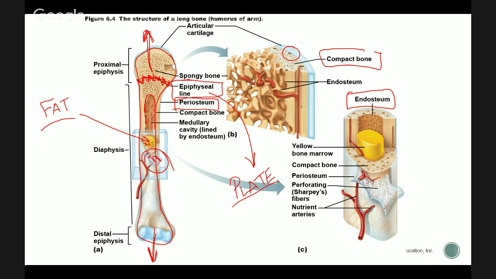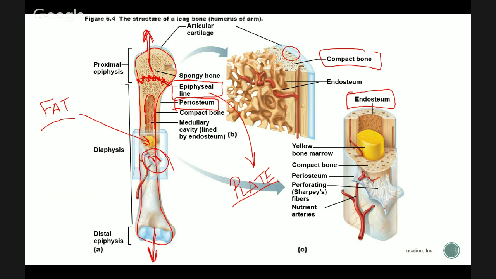Have you ever given a dog a bone to chew on? A long bone like this, and you cracked it open so the medullary cavity is exposed, the bone marrow, those dogs just go nuts, right? They love that yellow marrow. They'll just eat that up. So the yellow marrow is a fatty marrow. It's energy storage.